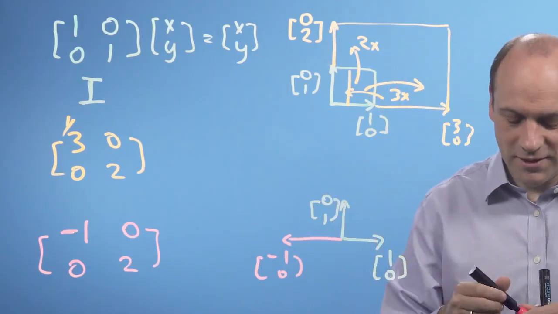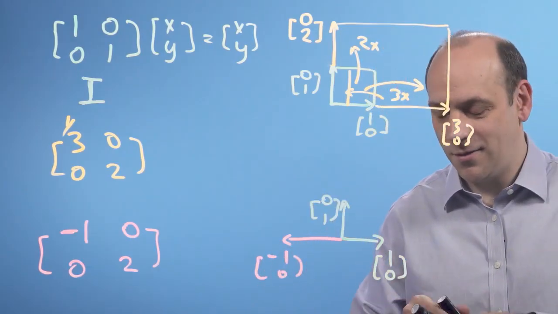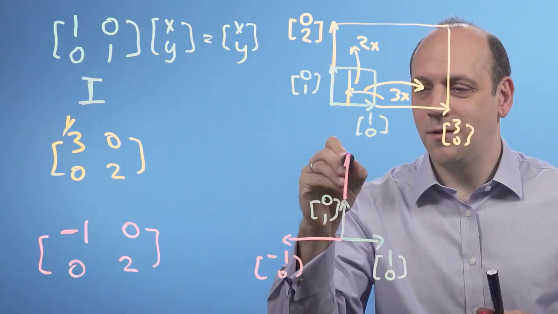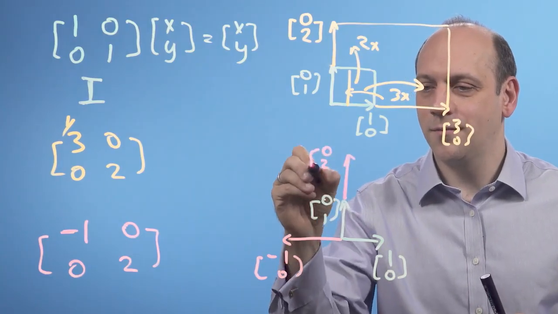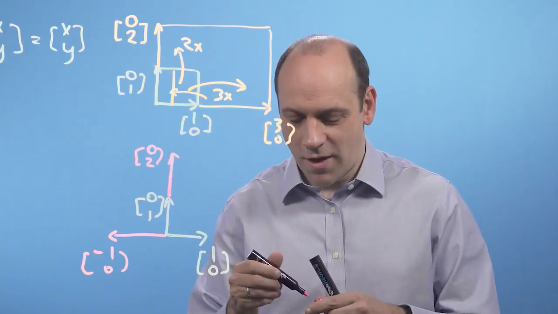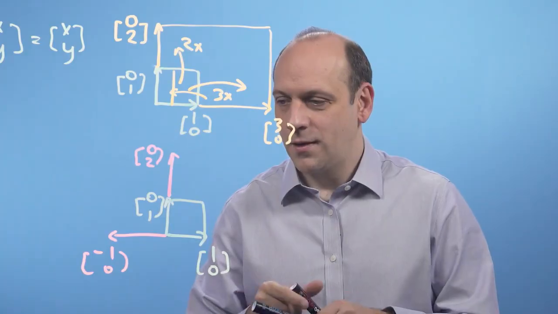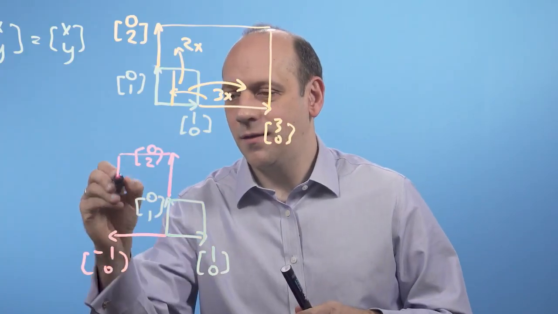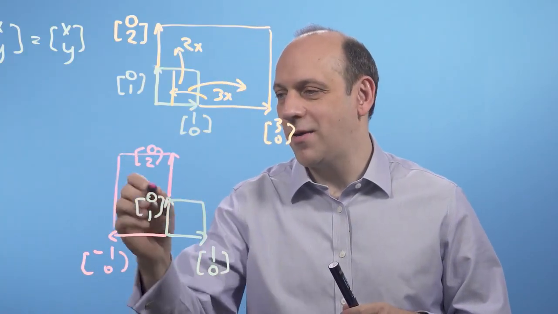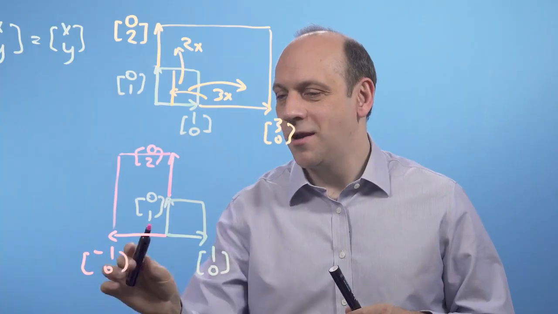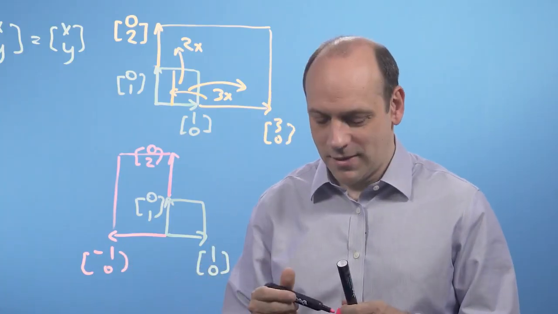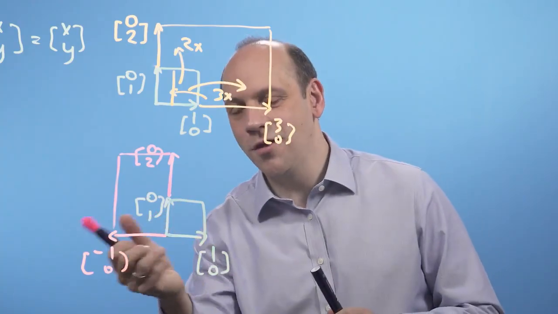And the (0, 2) is going to scale the other axis up to (0, 2) here. So my original little cube goes from here to here. So it's changed in area by a factor of 2, 1 times 2, but it's also flipped over. The x-axis has gone over there.